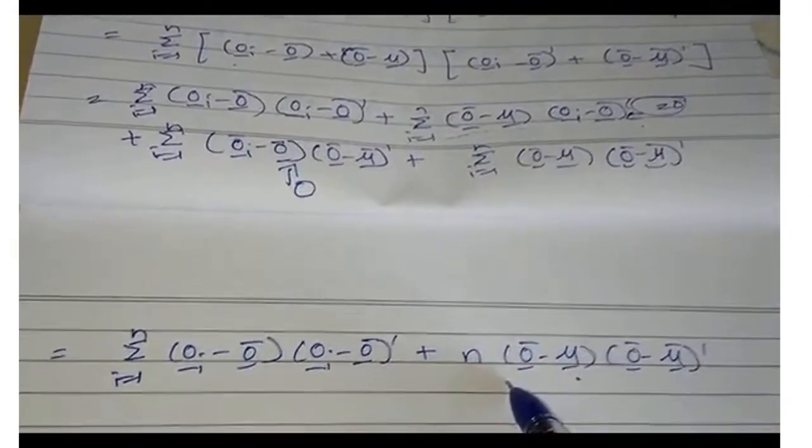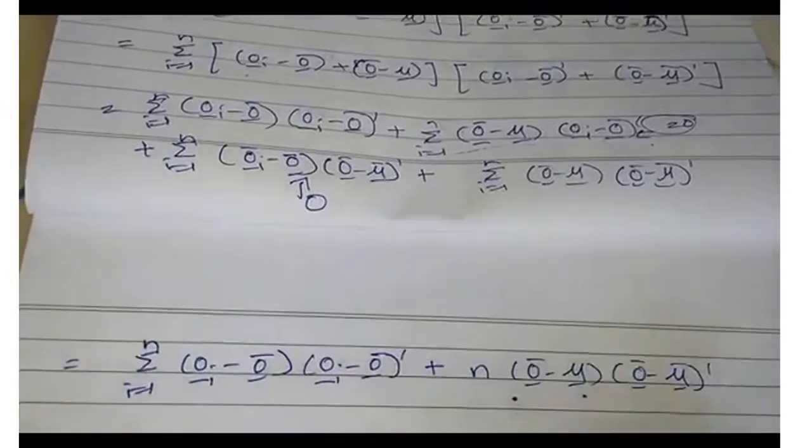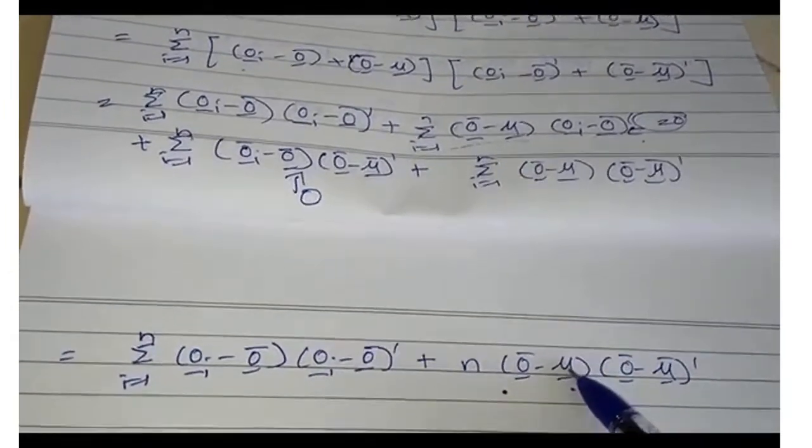But we know already that mu hat has been estimated as x bar. So when I am trying to solve both the equations simultaneously, I have to put mu equal to x bar.